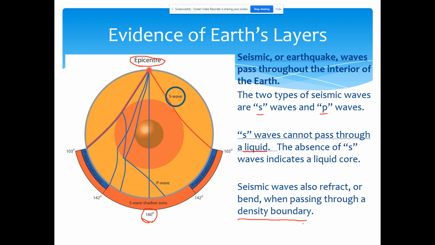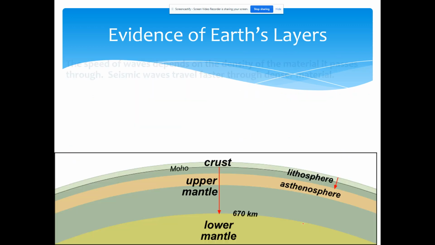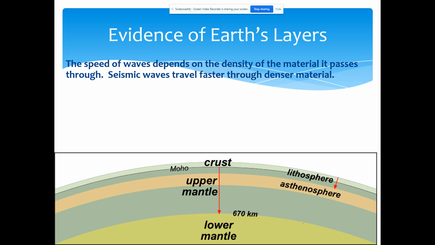Let me show you another picture. Here is the uppermost part of the Earth, the lithosphere and the asthenosphere. And measuring earthquake waves, scientists discovered that there is a little bit of a dense layer separating the lithosphere from the lower mantle.